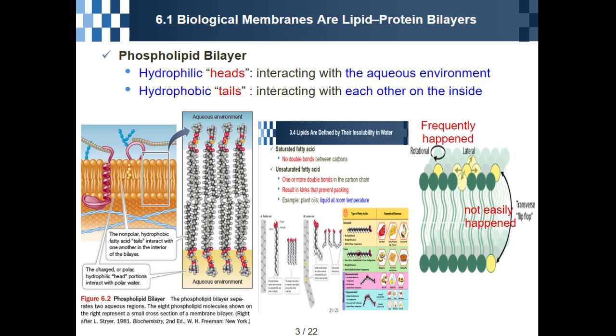When there are lots of unsaturated fatty acids, the oil becomes liquid at room temperature. If we have lots of saturated fatty acids, they are solid at room temperature. However, if we have lots of unsaturated fatty acids, they are liquid at room temperature.